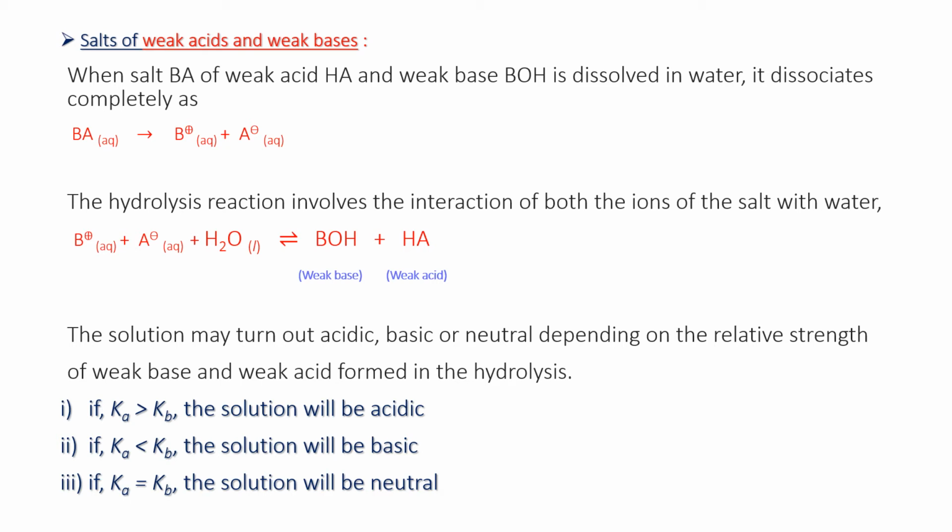If your Ka is greater than Kb, meaning the dissociation constant of the acid is greater than the dissociation constant of the base, then your solution will be acidic in nature.